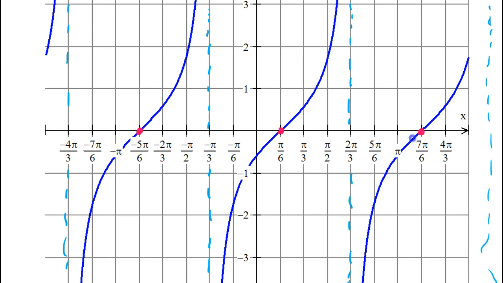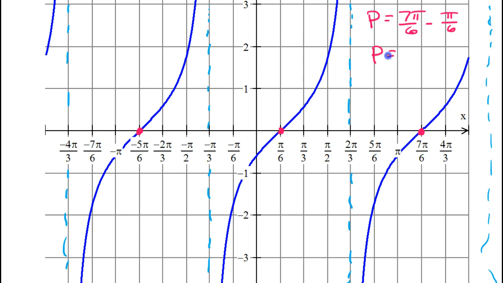Now I'm liking the dots because I'm noticing that they have the same denominator. So the period, if I take the higher value minus the lower value, would be 7 pi over 6 minus 1 pi over 6.